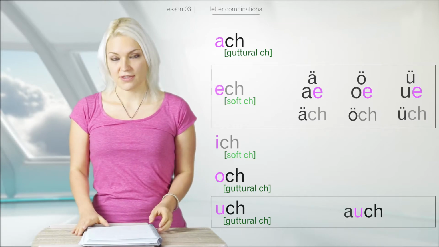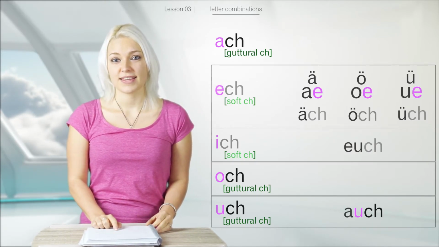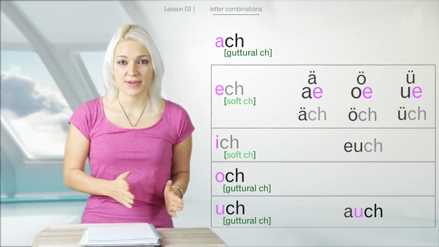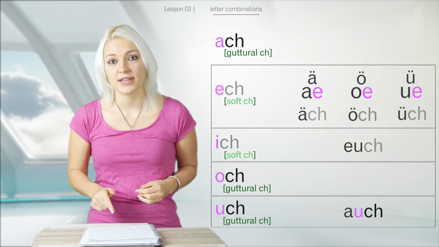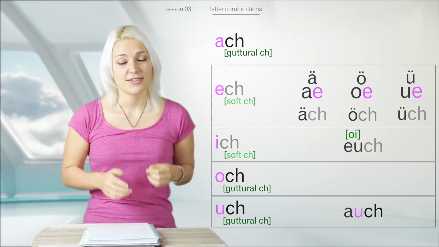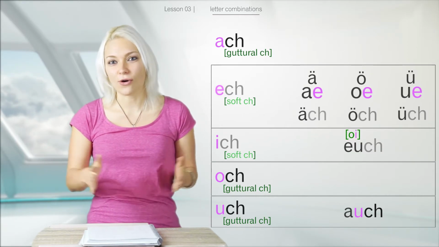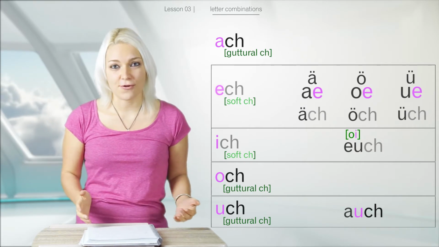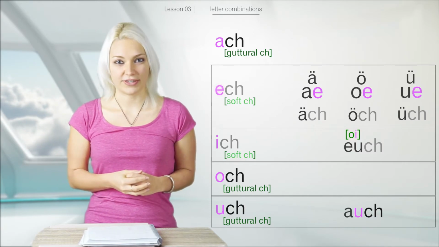For all the others, now we have EU. We do have the U at the end of this combination, but I told you before the pronunciation of this one is oi. So practically we have an I, like O-I, oi. EU is pronounced oi, and therefore, if a CH follows, it is soft again. Euch.